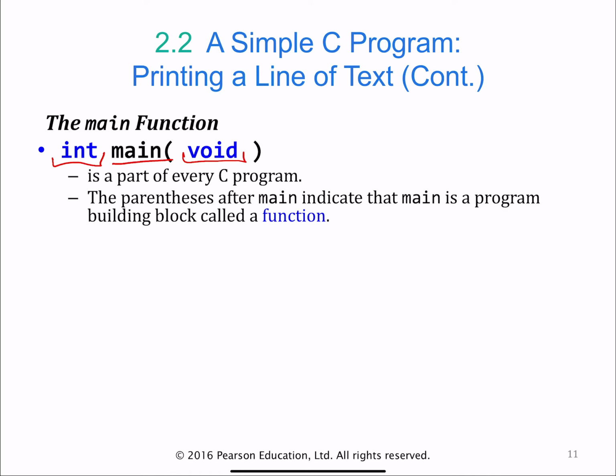On the other side, it says void inside these round parentheses. And void means no data, basically. Again, we'll talk more about void when we get to the native data types of C. In this place, we can specify the type of data that this function main takes as input, the input to whatever work this function is performing.